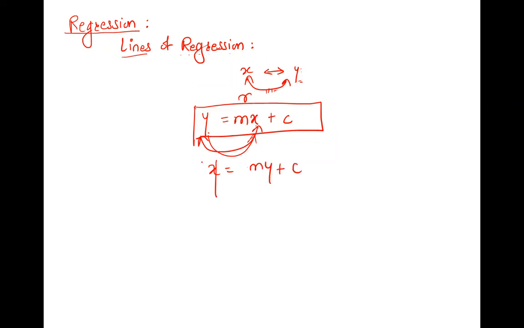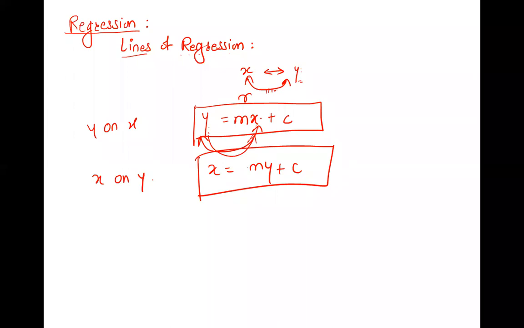This is also a line, x on y. Two lines: y on x and x on y. If x and y are related, m and c are constants to be found out. Now we have to see lines of regression.